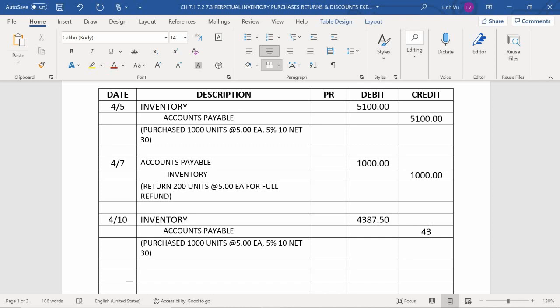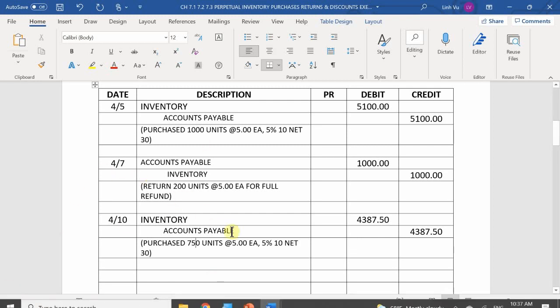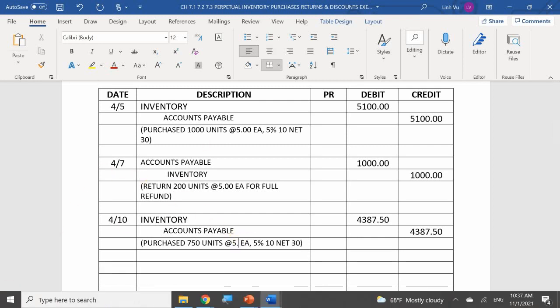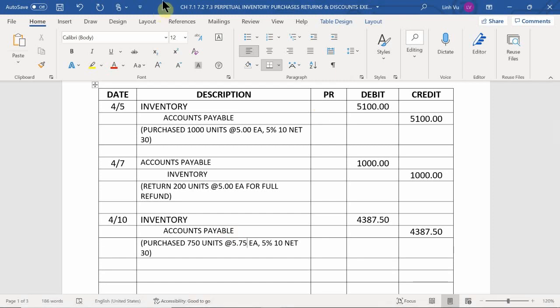Good. 4,087.50, okay, good. And this time we purchased 750 units at $5.75 each, with the terms of 5%, 10, net 30.